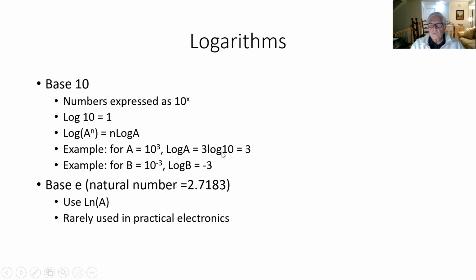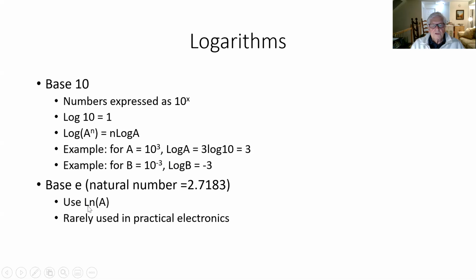Log of 10 is 1, because 10 to the 1 power gives you a log of 1. 1 times 3 is 3. If you use 10 to the minus 3, then you get minus 3.